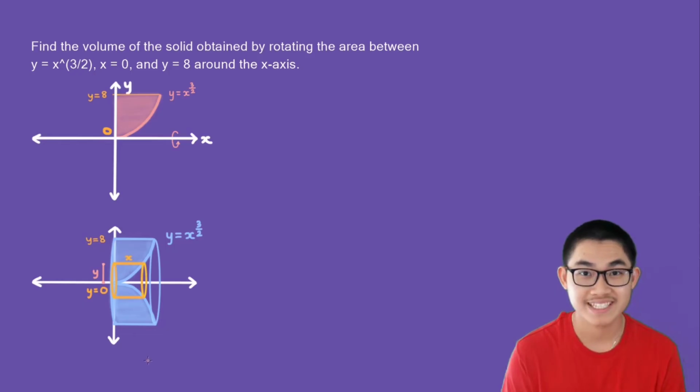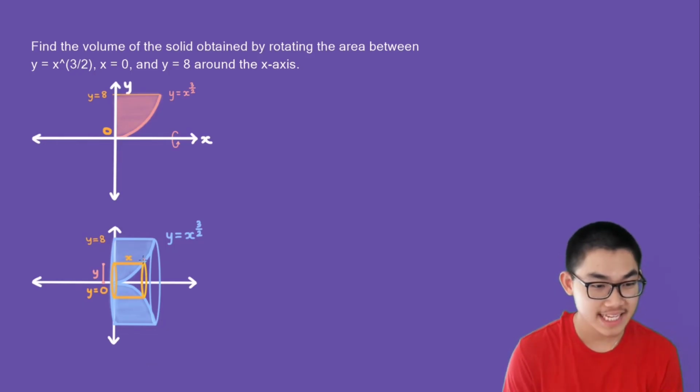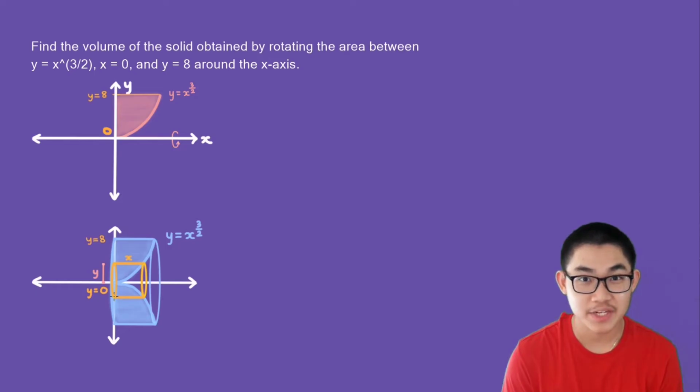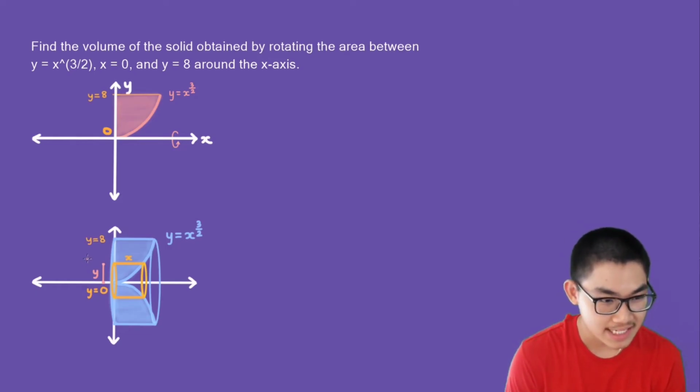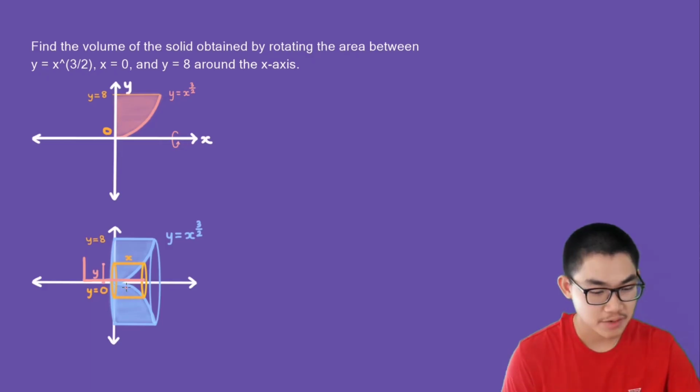So once we do that, we're going to have this 3-dimensional object that we want to find the volume of. The cylindrical shell method says that if we place a cylinder and the base of the cylinder is on the y-axis, then we integrate with respect to y. If the cylinder is on the x-axis, then we integrate with respect to x.